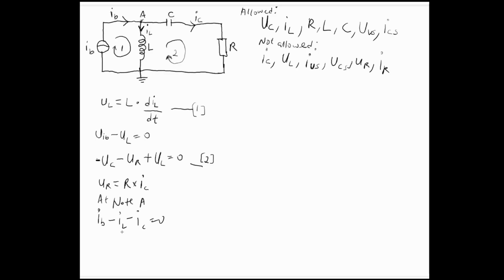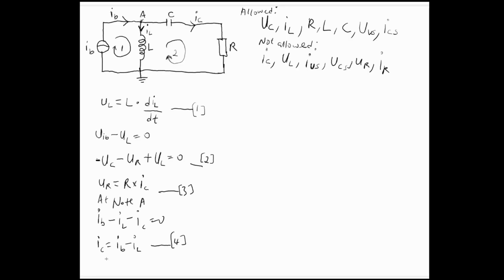And you know the beautiful thing here? Inductor current is allowed. Current source current is allowed. So we can say that the capacitor current is equal to the current source current subtracted by the inductor current. We can call this equation 3, and this equation 4.